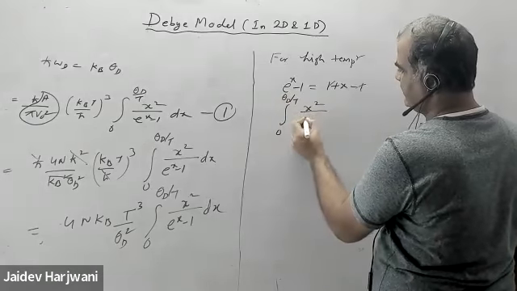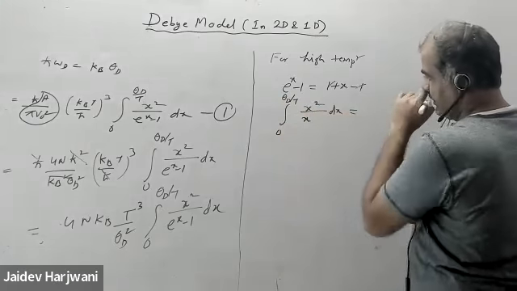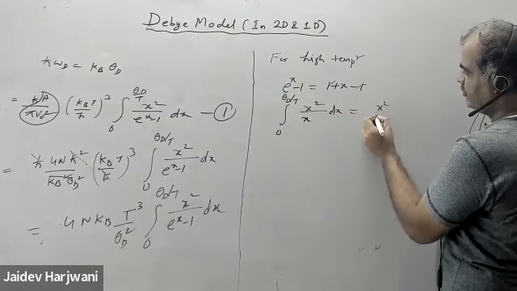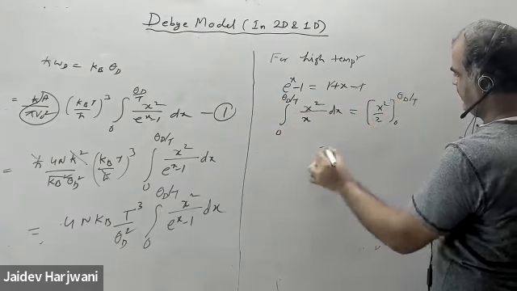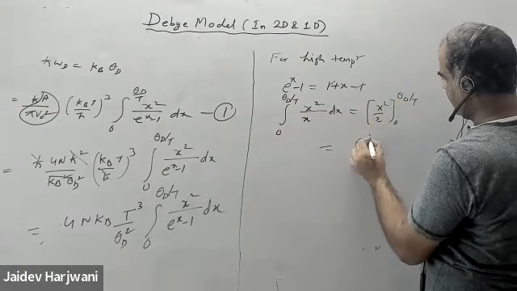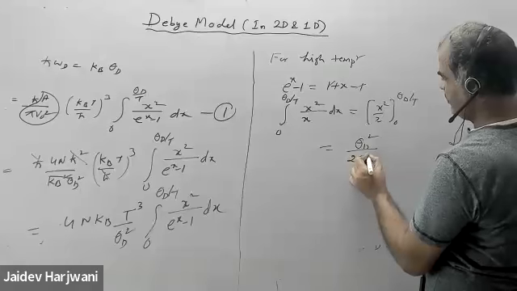So this becomes x square by 2, from 0 to theta D by T.